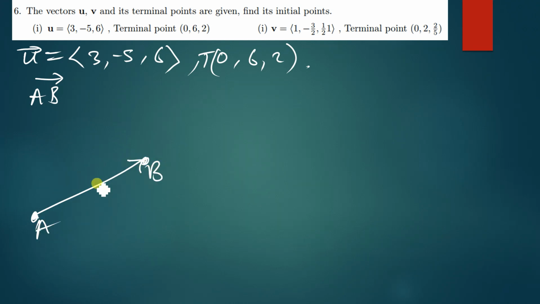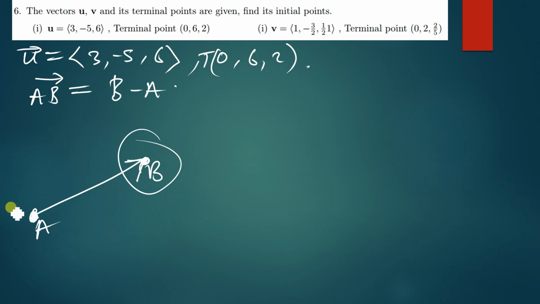To find the vector AB, you simply subtract the initial point from the terminal point, or you can say head minus the tail. So you say B minus A.